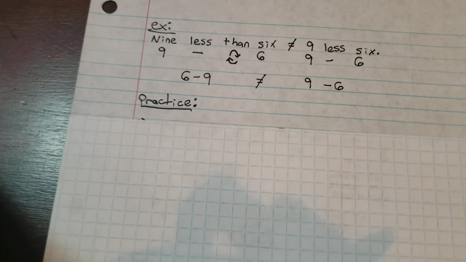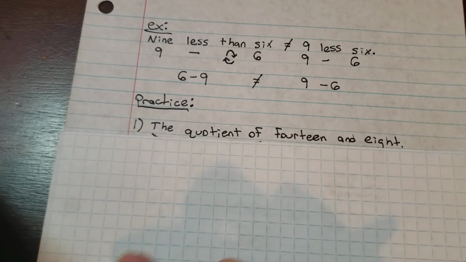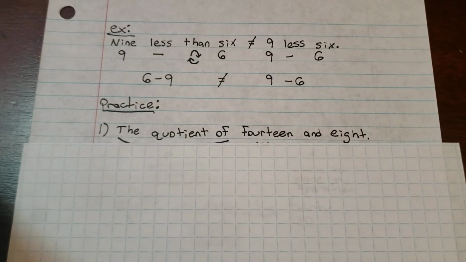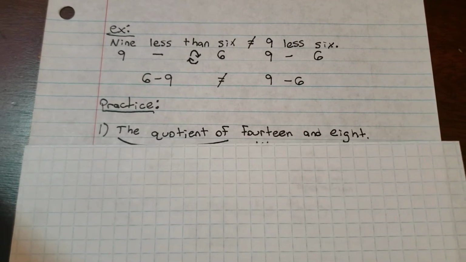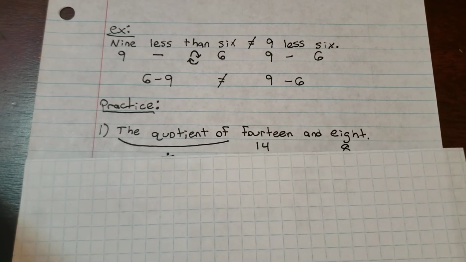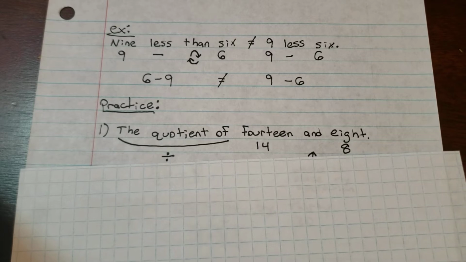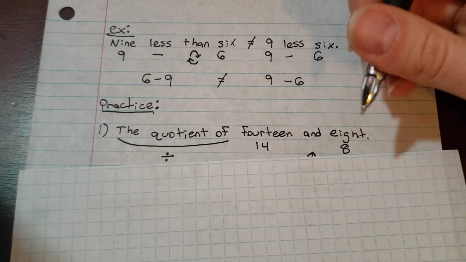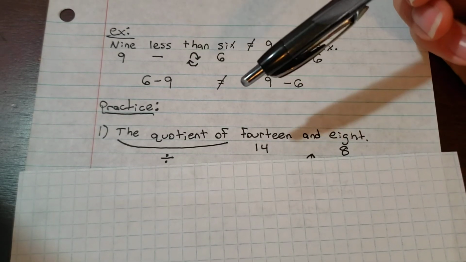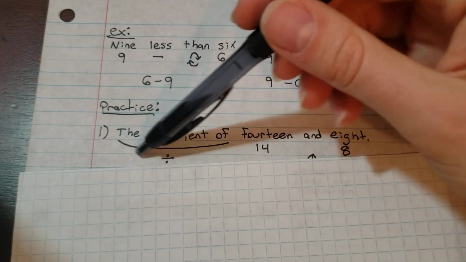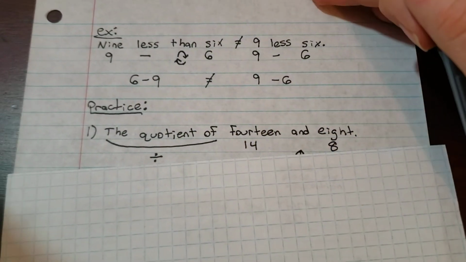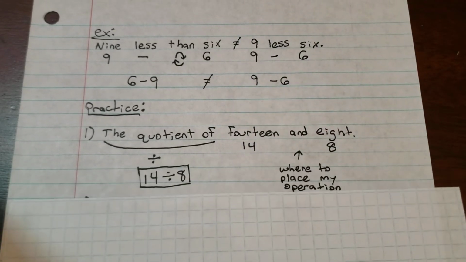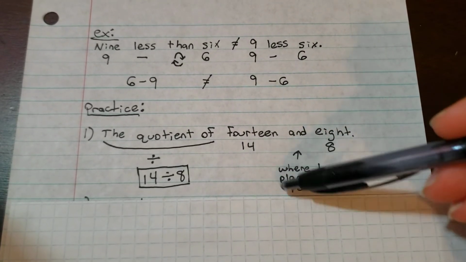Here's some practice for you guys. The quotient of 14 and 8. For this one, quotient is talking about division. So I've got 14 and 8. Now, I do have it in the notes that and indicates addition. But because we have this phrase before these two numbers, this is where I'm going to place my operation.